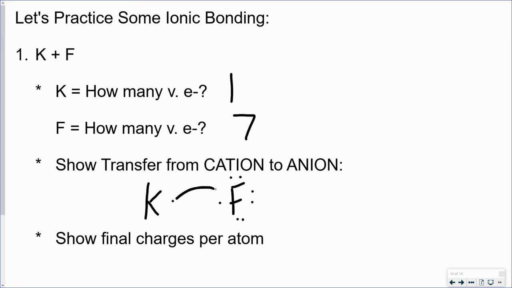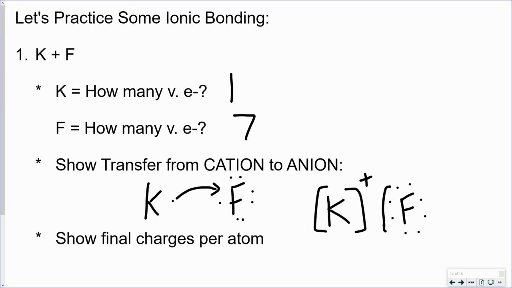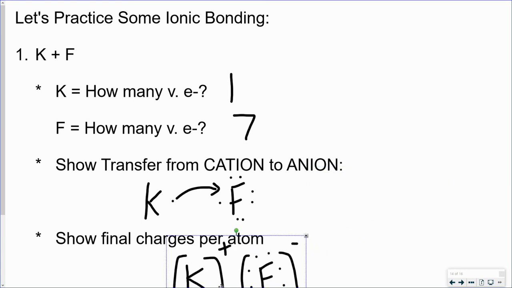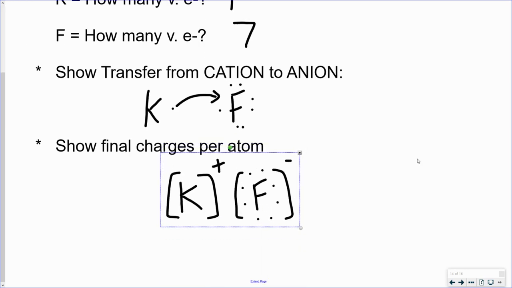You'll show that K transfers that 1 to F. And then we like to show them as charged particles. Because K lost an electron, it became +1. Fluorine gained 1 electron, so it became -1. Okay, so this can actually go down here.